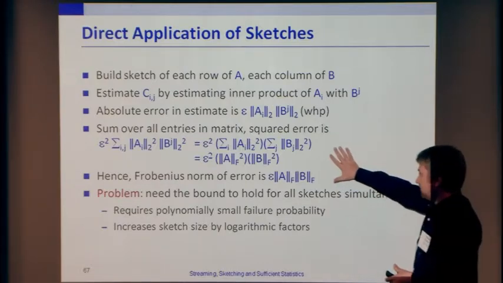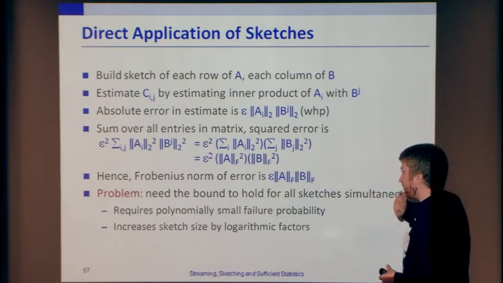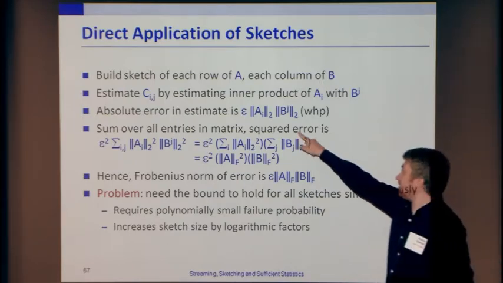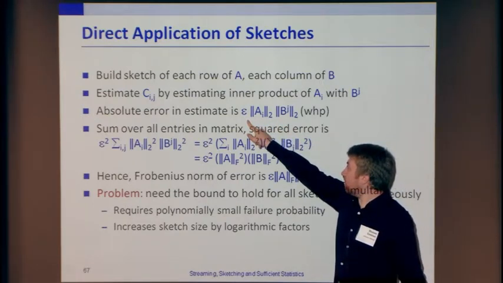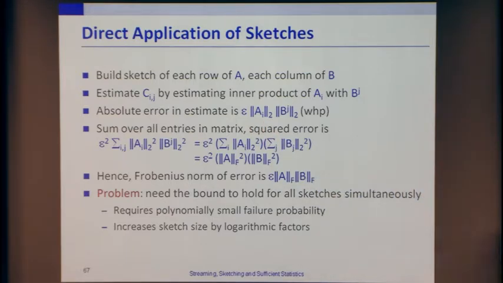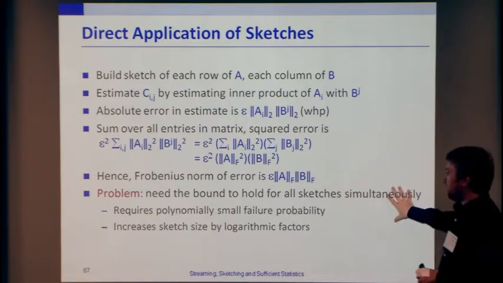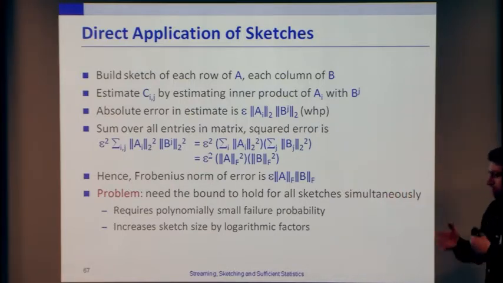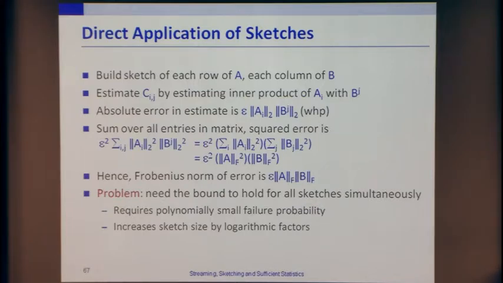So that's a little bit lax because I've assumed here that this error bound holds in every case. And actually, I need to reason a little bit more about when that holds. One way of making that hold is to say, well, let me just pump up the probability for these sketches.